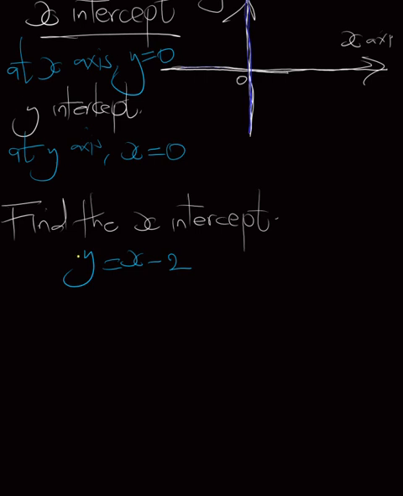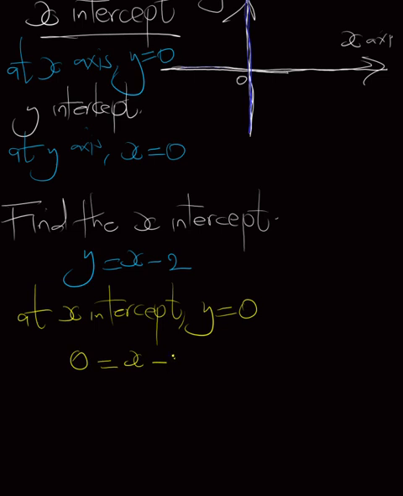So, from what we have seen above, at the x-intercept, y is 0. So we replace where we have y, we put 0 there. We will have 0 is equal to x minus 2. So let's find the x coordinates. If we make x the subject, x will be 0 plus 2. If we rearrange, we take the negative to the other side.